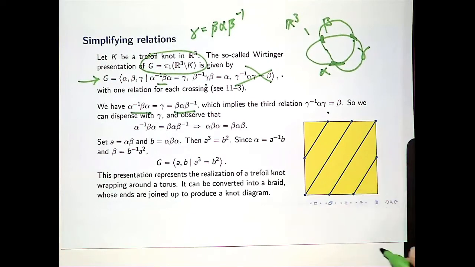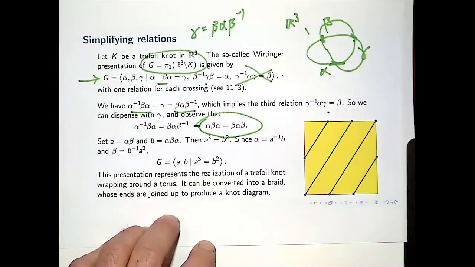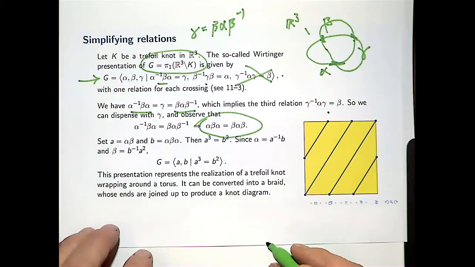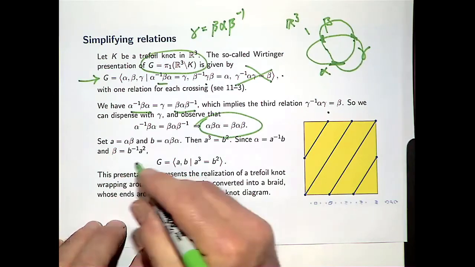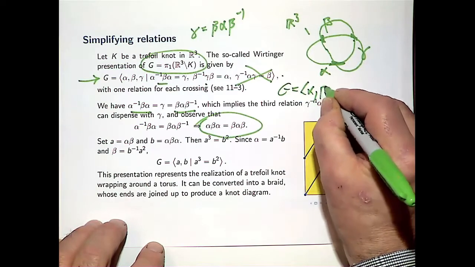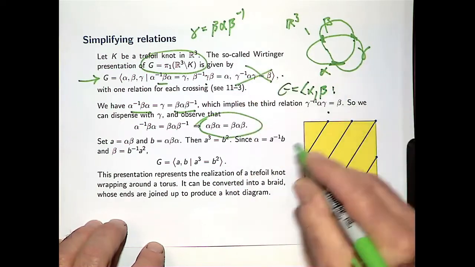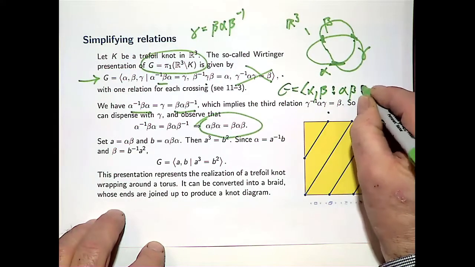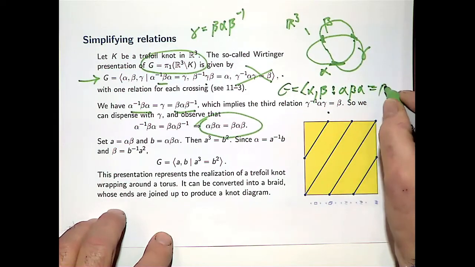And if you rearrange this, you get this very neat equation there, that alpha beta alpha is equal to beta alpha beta. So in fact, the so-called knot group for the trefoil knot could be written as the group generated by, we just need two generators now because gamma is superfluous, and the relation is alpha beta alpha equals beta alpha beta.